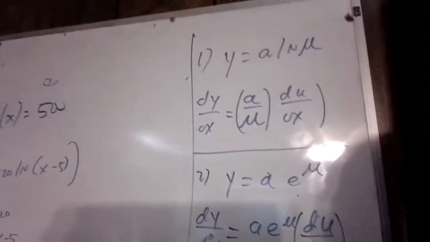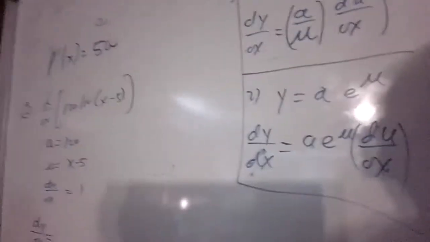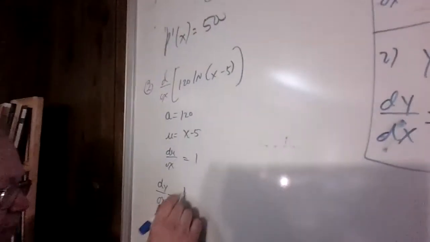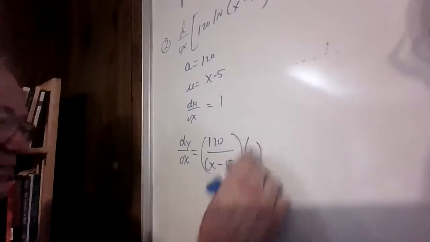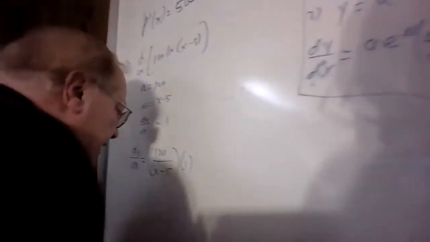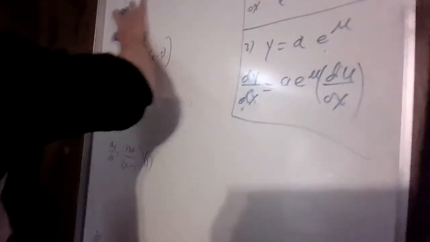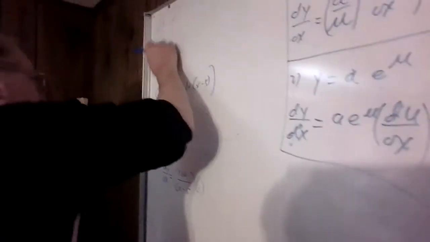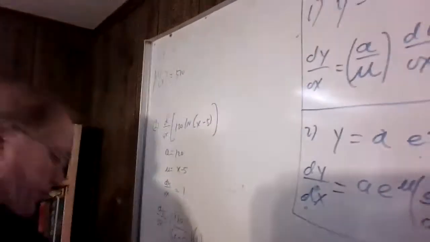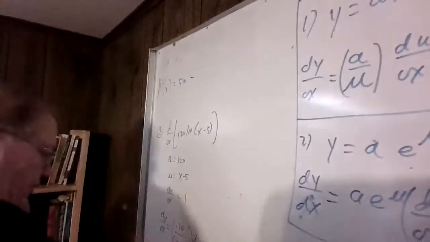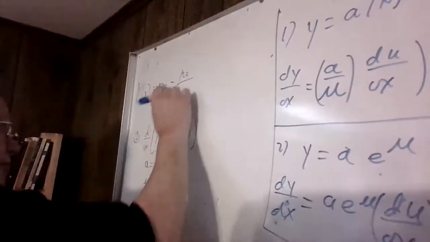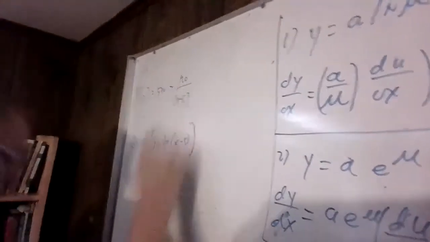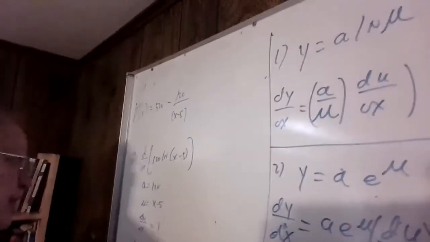Therefore, dy dx equals what it says there, 120 over u, x minus 5, times the derivative, which is 1. So I can add on to here. And once again, I'm going to bring this back further. Now 500 minus the derivative, which is 120 over x minus 5. The derivative of the third term is 0.